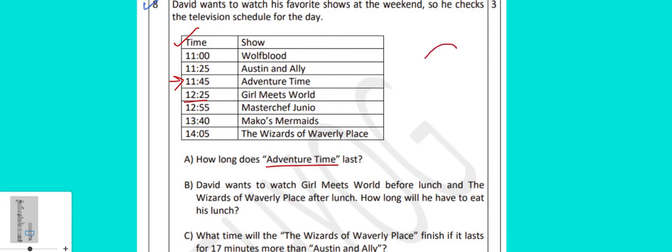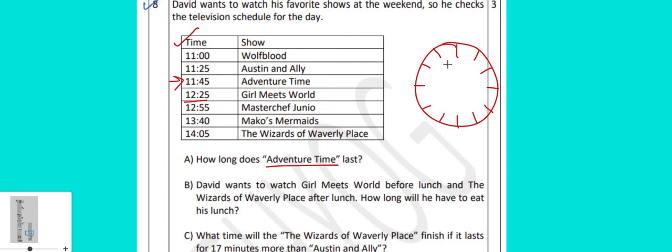So let us draw a clock right here with 12, 6, 3 and 9 marked. Here we have our 1 and 2. Here we have our 4 and 5. Similarly, here we have our 11 and 10. Here we have our 8 and 7.